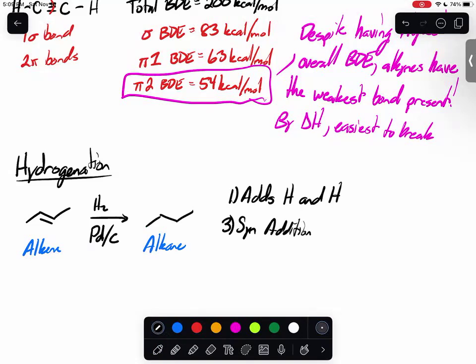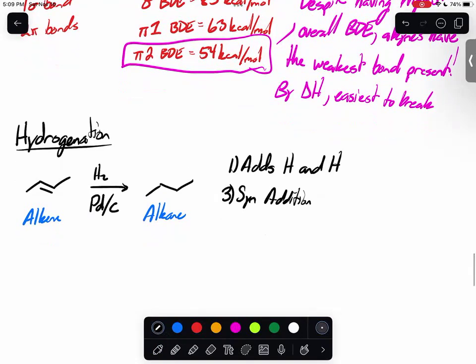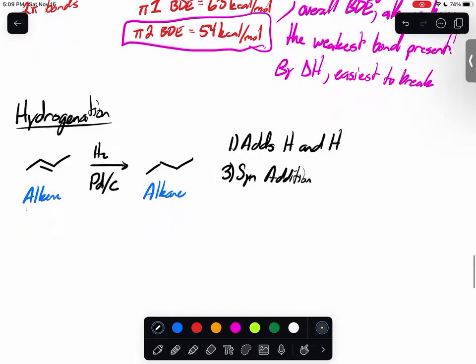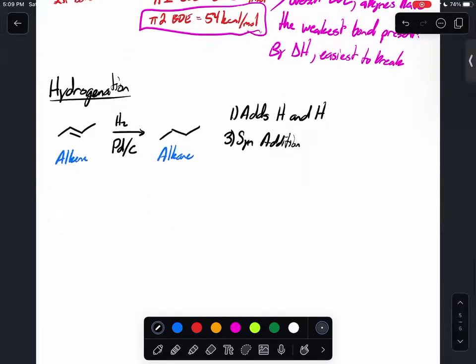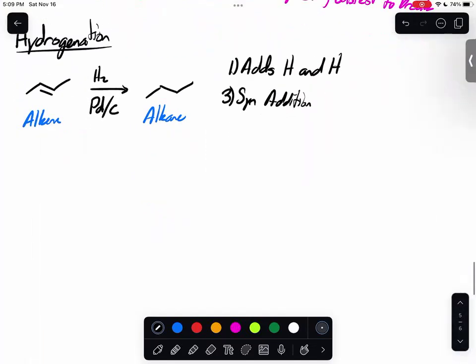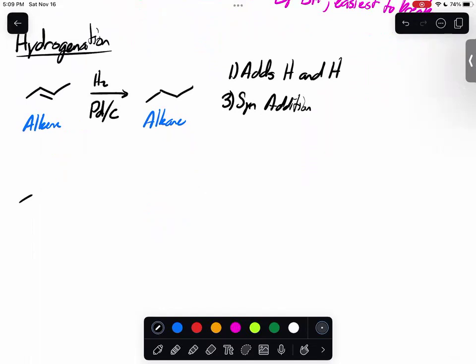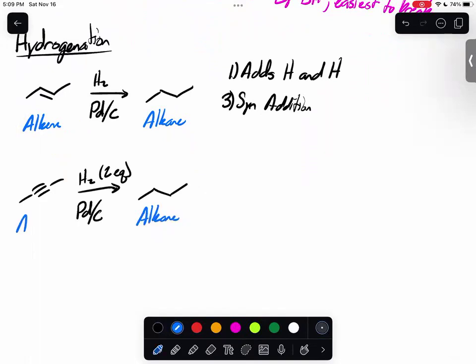Thing is, whenever we do this in alkynes, it also does the same type of reaction. All right. So essentially, whenever we were thinking about running these types of reactions in alkynes, unlike alkenes, alkynes can do it twice. So if you took an alkyne, added in two equivalents of hydrogen with palladium on carbon, you would end up forming an alkane, right? Because it can just add in twice.